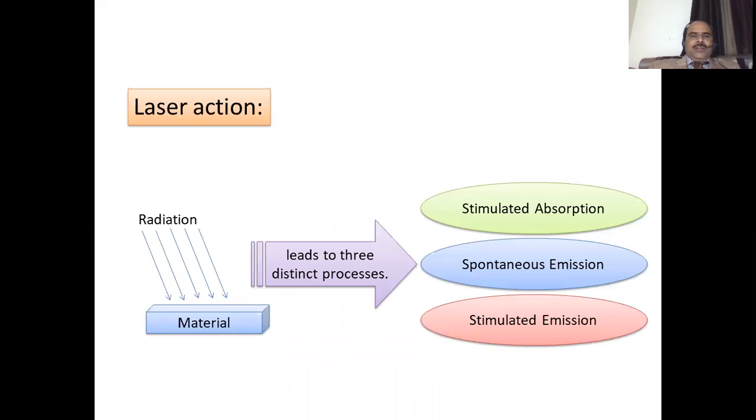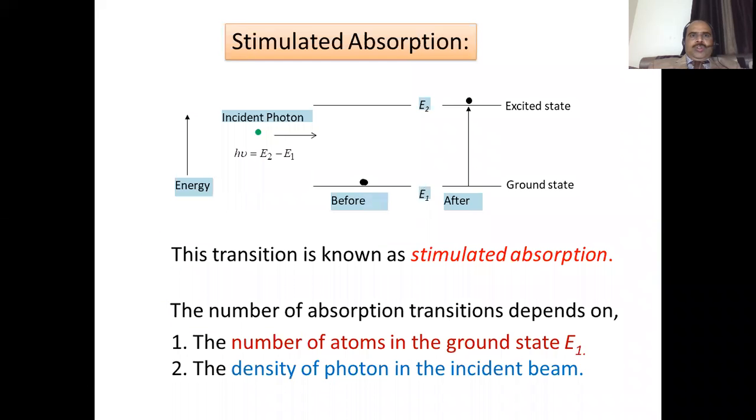Lasing action can be completed by understanding the three processes such as stimulated absorption, spontaneous emission, and stimulated emission. So one by one we will see. This is stimulated absorption. Consider E1 and E2 are the two energy levels. E1 is a ground state and E2 is an excited state. The excited state has a very short lifetime.